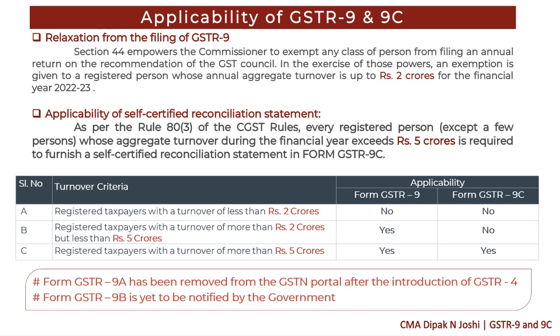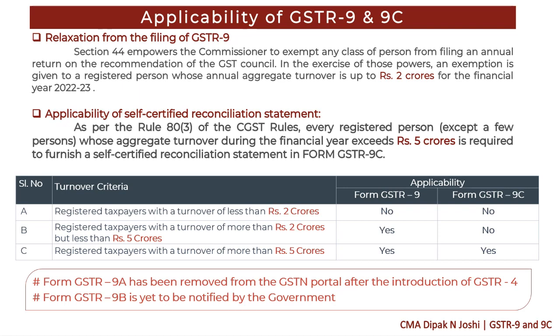So in a nutshell, every registered person whose turnover is more than 2 crores requires to file GSTR 9, and if turnover is more than 5 crores, then he requires to file GSTR 9 as well as 9C. So only if turnover is up to 2 crores, there is no need to file GSTR 9 as well as 9C.